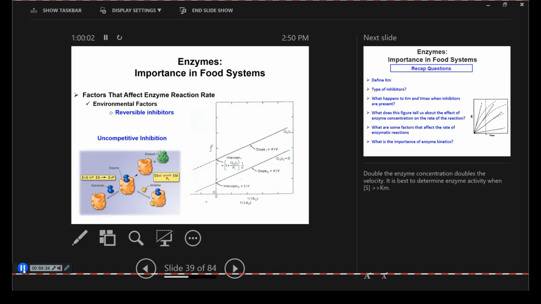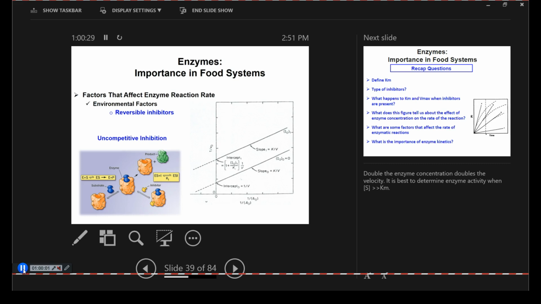Lastly here, before I give you a few minutes' break, is the uncompetitive inhibition. And here, what happens is the enzyme still has an affinity to the substrate, it still binds, but the inhibitor binds when the ES complex is formed. Once the ES complex is formed, the inhibitor binds and then prevents the reaction from going forward to a product.